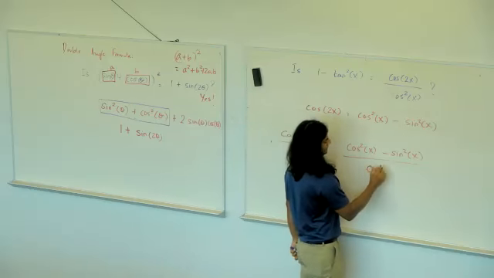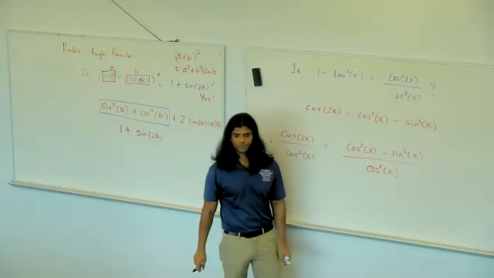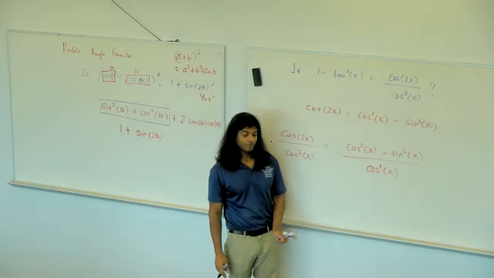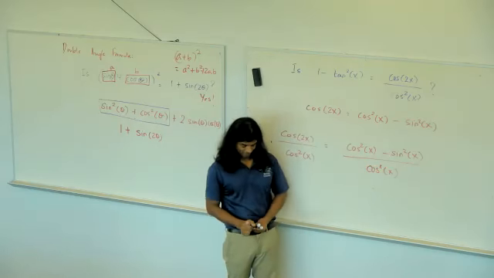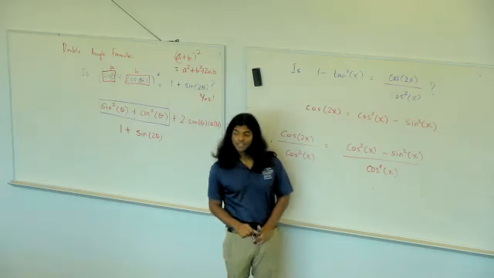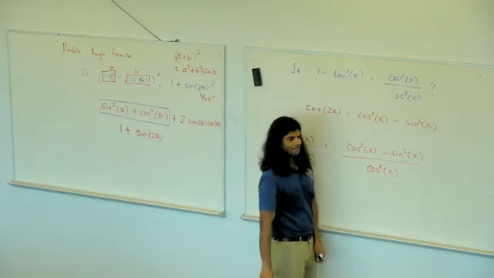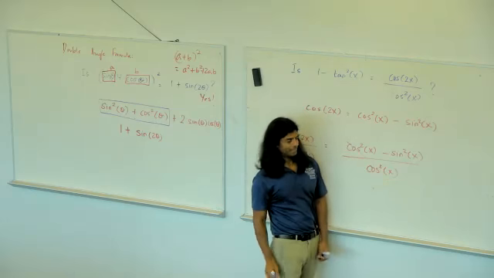Denominator, cosine squared x. Good. Now, a common mistake. I'm sure some of you are thinking of cancelling directly. Can I do that? Life's not that easy.